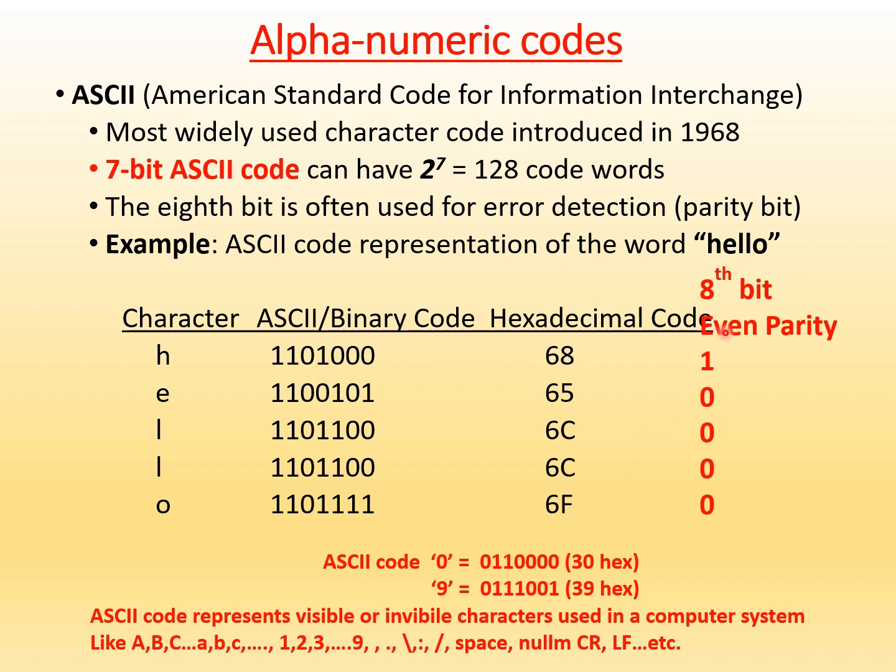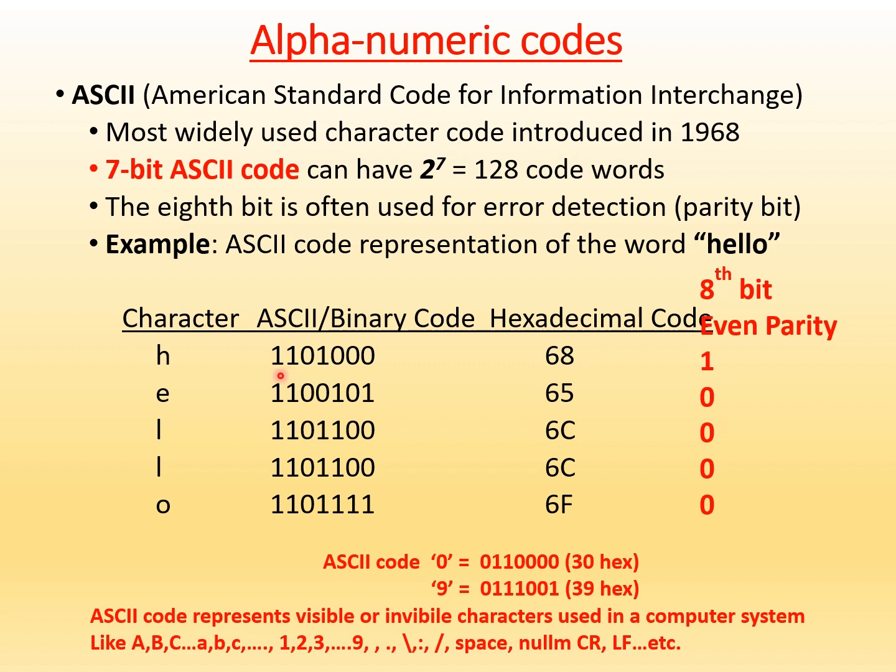So 7 plus 1 is 8 bits. 8 bits together is called 1 byte. Usually in a computer, the unit of length of data is either a byte or a word, etc. So with 8 bits, you can also add the parity bit, and this parity bit checks if data is transferred from one place to another place.